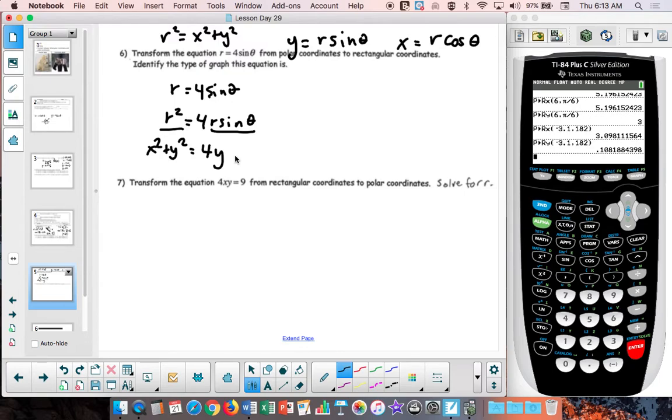But this is a type of conic section. Now, which kind of conic section depends on our next steps. So if you can't recognize it from here, we're going to keep going. I'm going to start off by getting everything to one side, and you might wonder why that is. It's because I have an idea of what it should be.